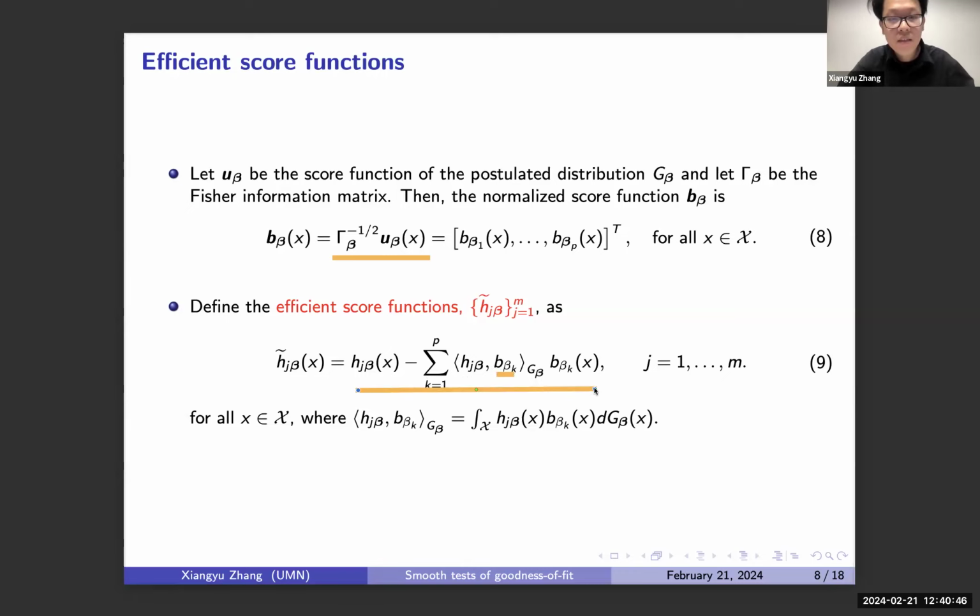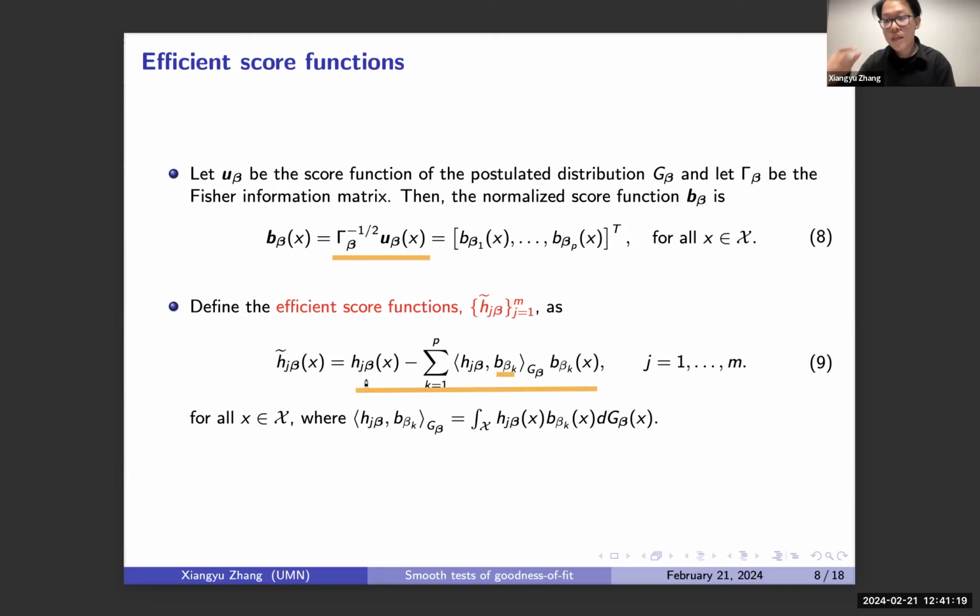We use these efficient score functions because, when beta is unknown, your H_j beta represents the m-dimensional subspace where you have high power. And if beta is unknown, this subspace actually contains some information about the score function U beta.